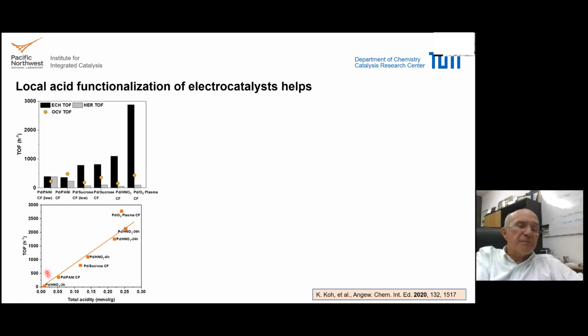We see that at a surface of a carbon support with a particular size of metals, always the same size of palladium, those are approximately 2 nanometer palladium particles, 3 nanometer palladium particles, but constant size. We see that with increasing concentration of acidic groups, those were induced by treatment in ozone, these acidic groups enhance the reaction rate.